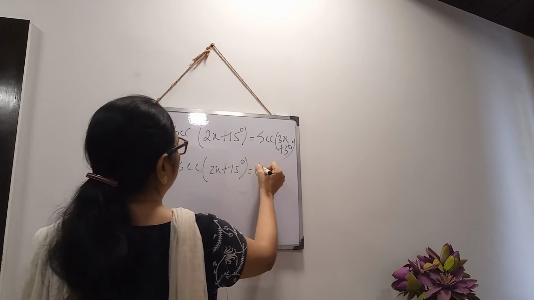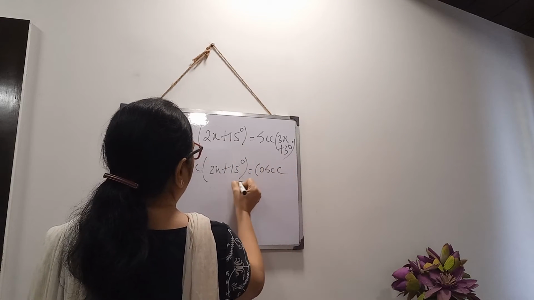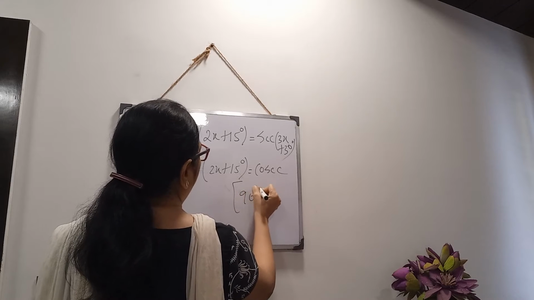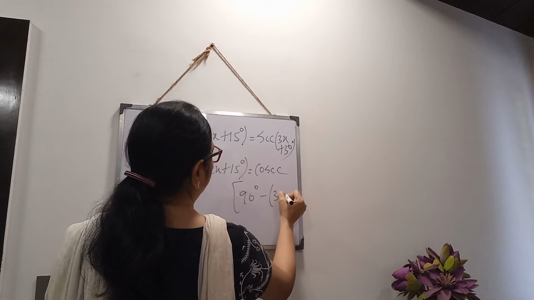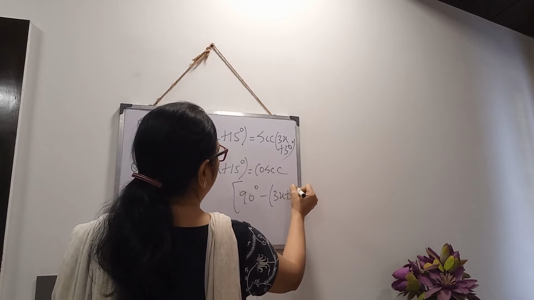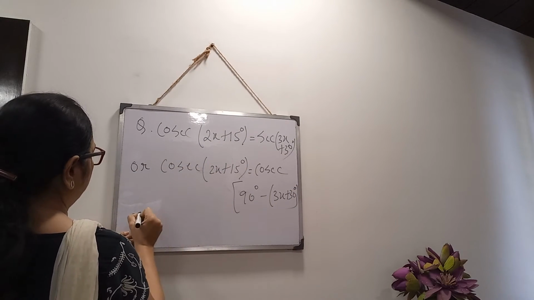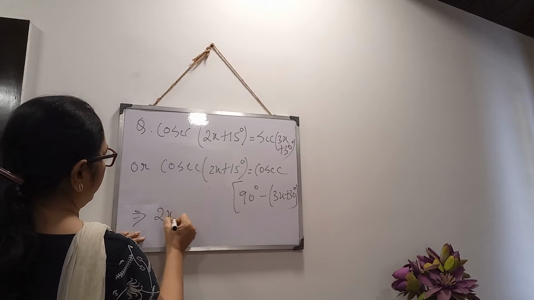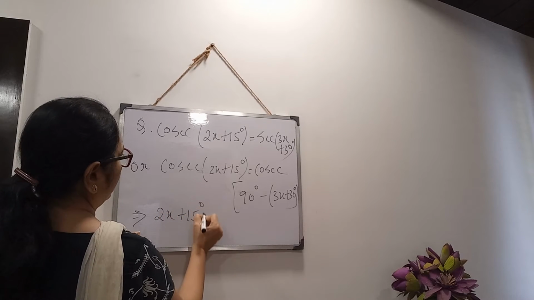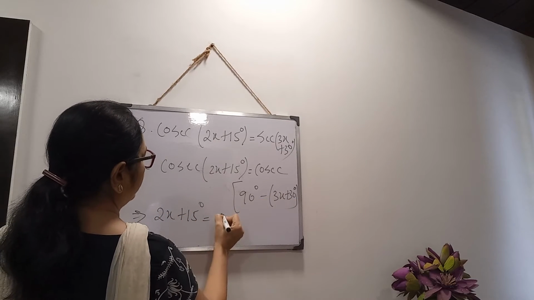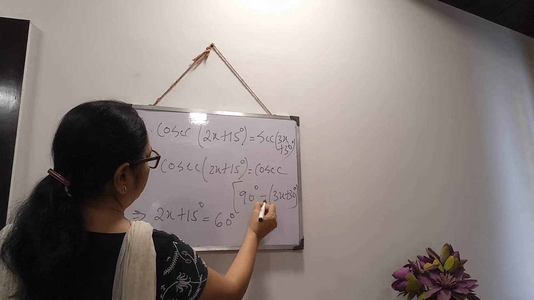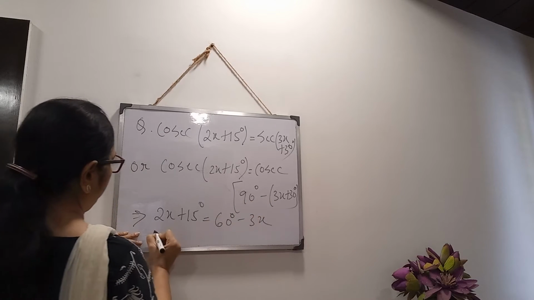Sec theta means cosec 90 minus this. Clear? Now from both sides cosec we can cancel. So it is coming 2x plus 15 degree equals 90 minus 30, means 60, minus 3x.